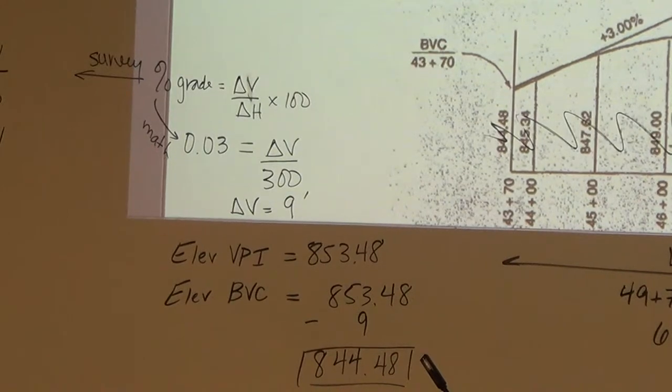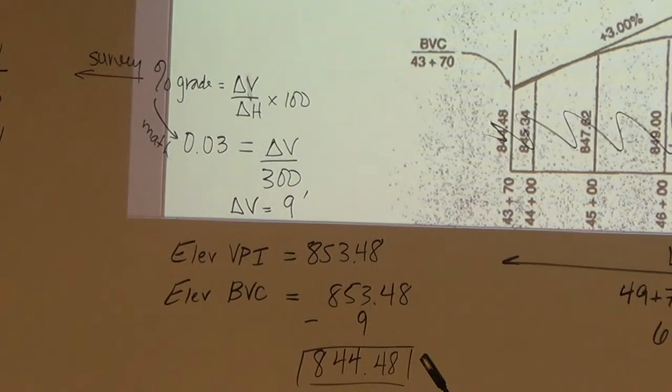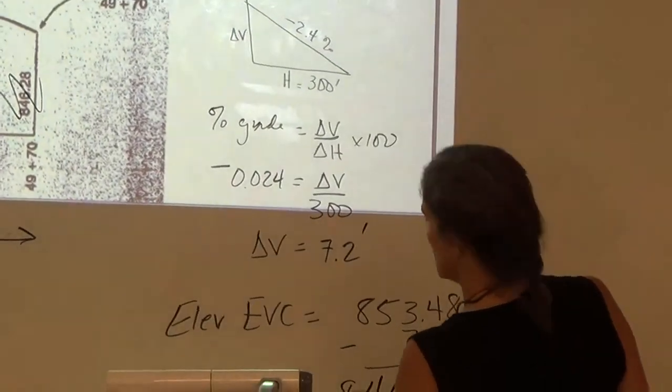Negative 0.024 is equal to the change in V over 300. And change in V turns out to be 7.2 feet. So the elevation of the EVC is going to be equal to 853.48 minus 7.2, which is 846.28.